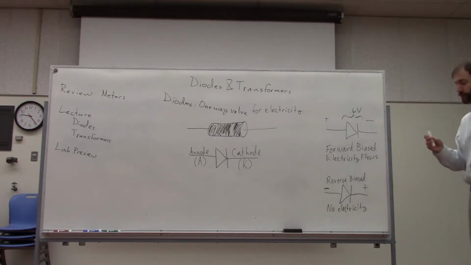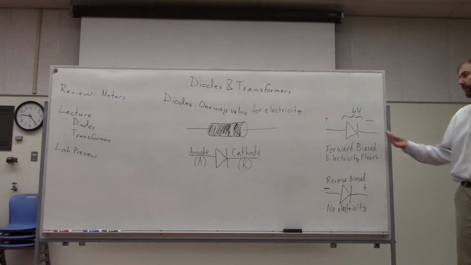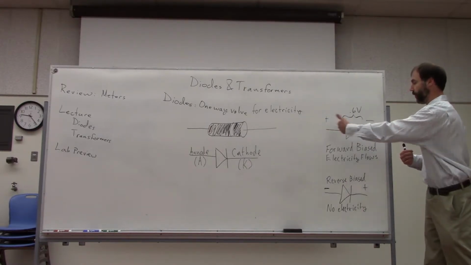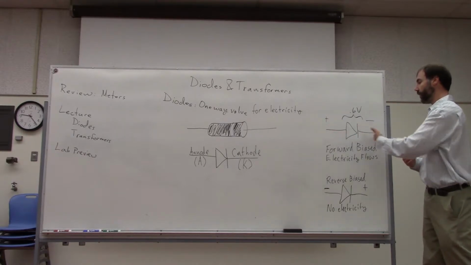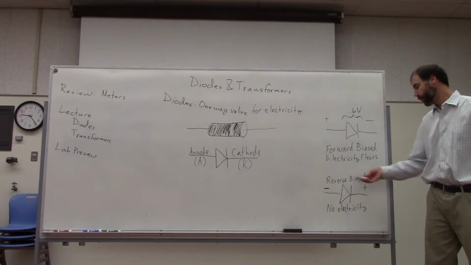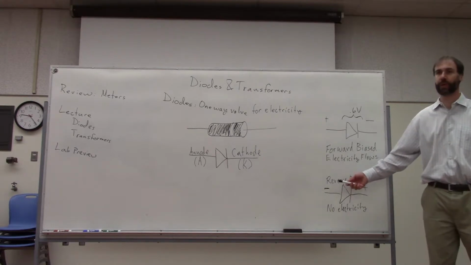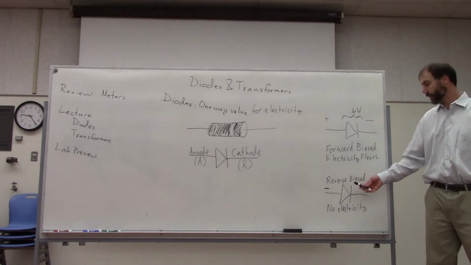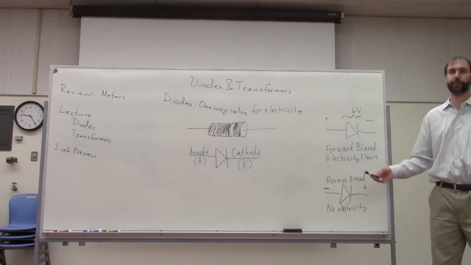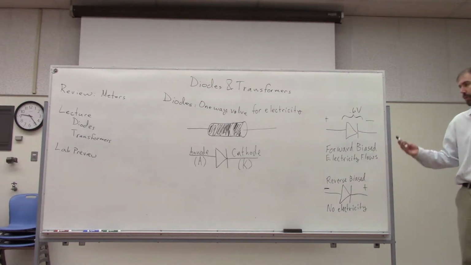So like I mentioned at the beginning of class, the diode is acting like a one-way valve. If you try and push electricity through from the anode to the cathode, then it works just fine. If you try to push electricity through in the opposite direction, then the diode blocks that, and the electricity cannot flow. Okay? So it acts like a one-way valve.